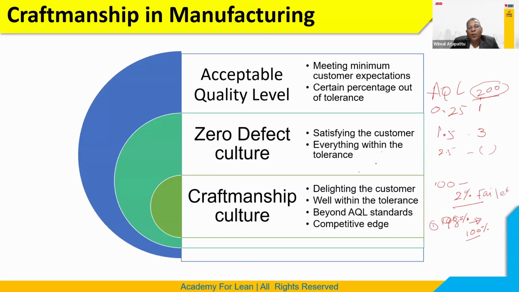We call it acceptable quality level, the current process we follow. The zero defect culture, in the sense we will not pass any defects, to ensure that all shipments are within the tolerance level. The third thing is the craftsmanship culture, where minor defects also we consider as major defects.